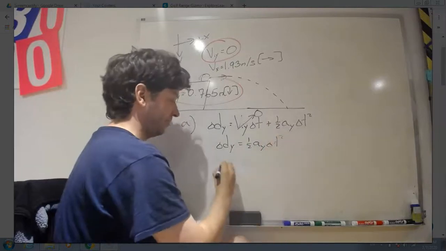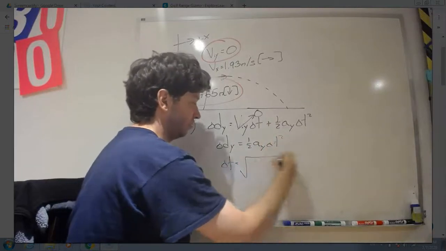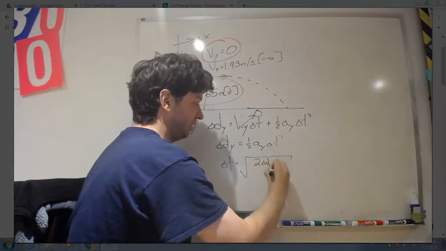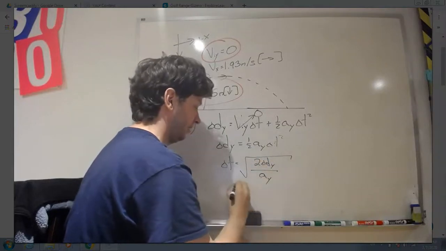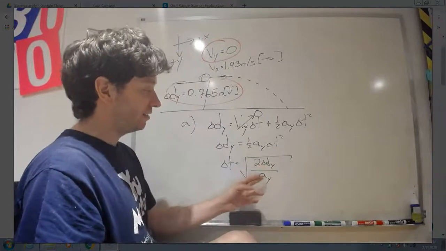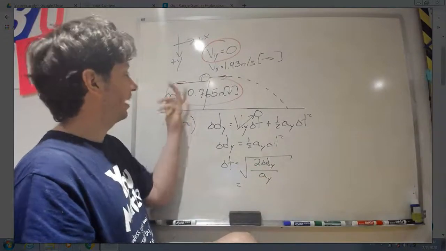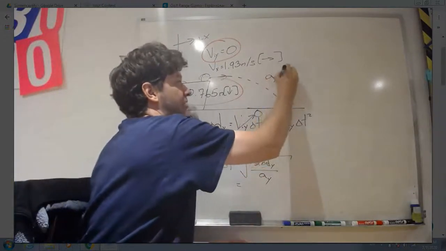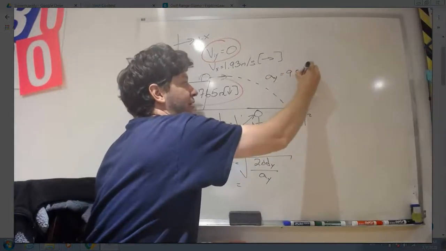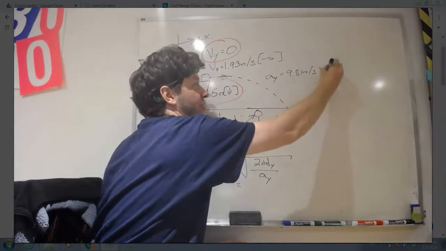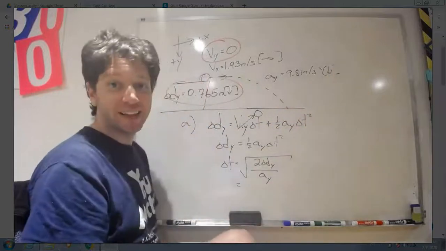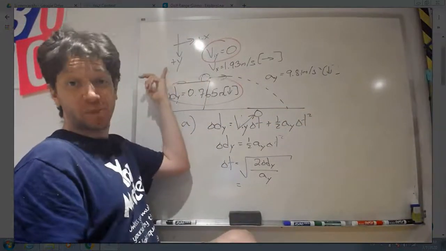And then we can rearrange to solve for time: the square root of 2 delta d_y over a_y. We know what delta d_y and a_y are right here. And of course a_y is 9.81 meters per second squared. Why am I not making gravity negative? Because I chose down to be positive.